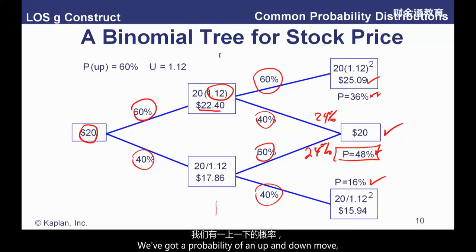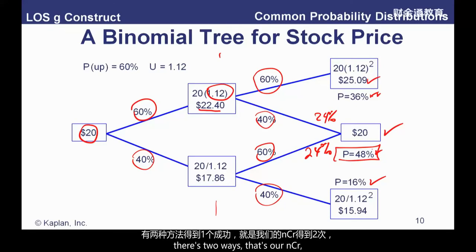We've got a probability of an up and down move of 24%, but remember we've got to multiply it by how many ways there are to get 1 success in 2 trials. Well, there's 2 ways. That's our n choose r. We multiply that times the 24%, and we get 48% as our binomial probability.